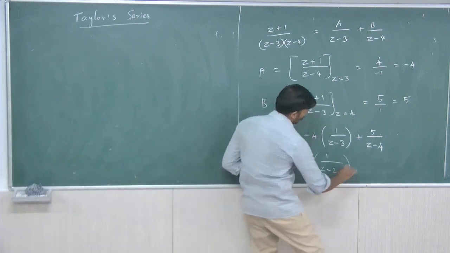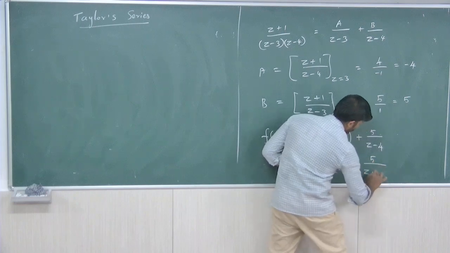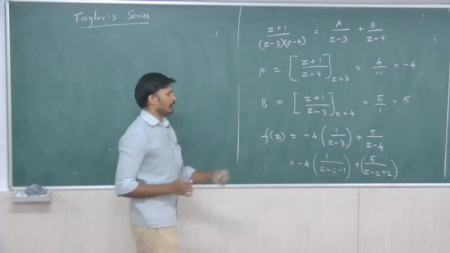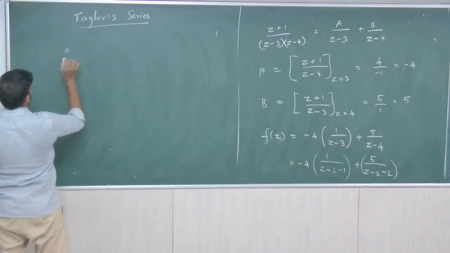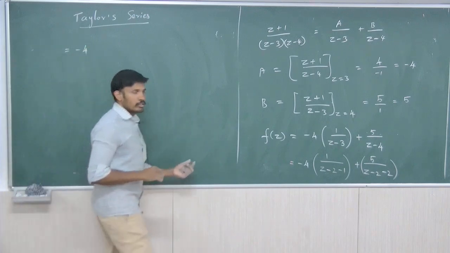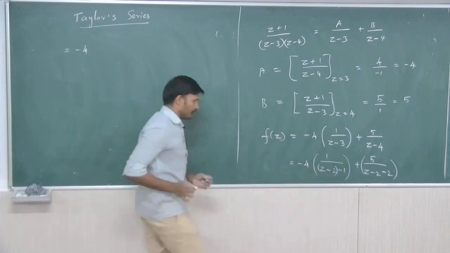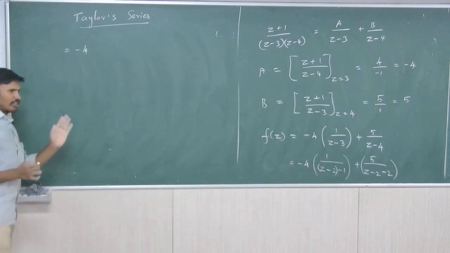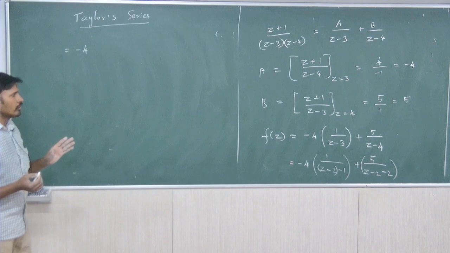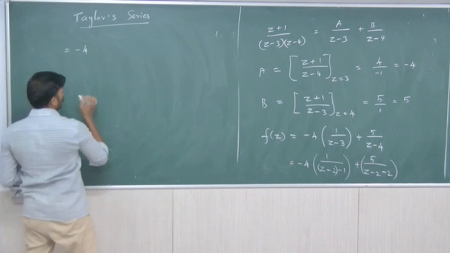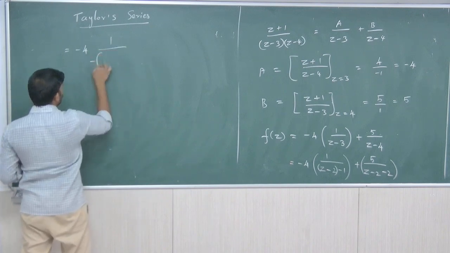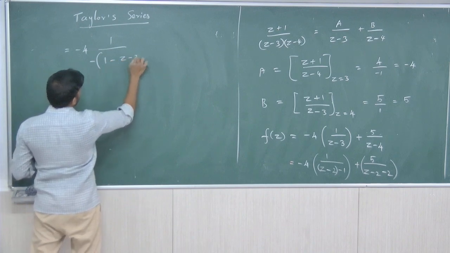Next one is 5 by z minus 2 minus 2. So without changing the value, try to split like this, which is equal to minus 4. If you take minus 1, I am going to put one close bracket. Now if you want to use the 1 minus x whole power minus 1 formula, that term should start with 1. So for that I am going to take minus 1 in the denominator. So from that I am going to get minus of 1 minus (z minus 2).